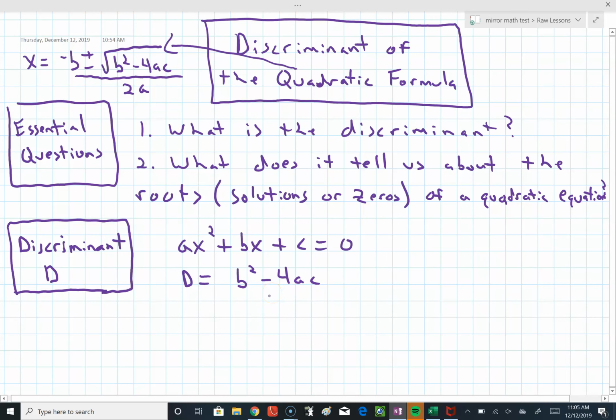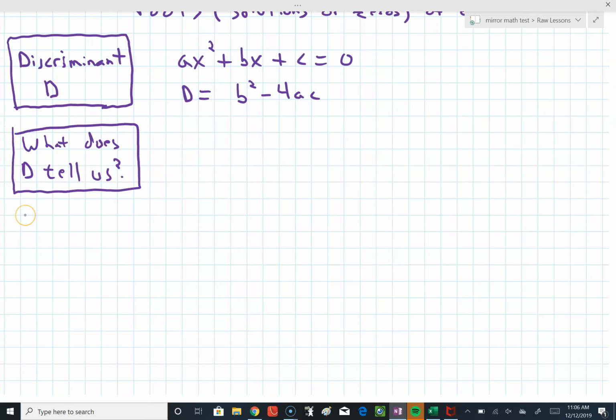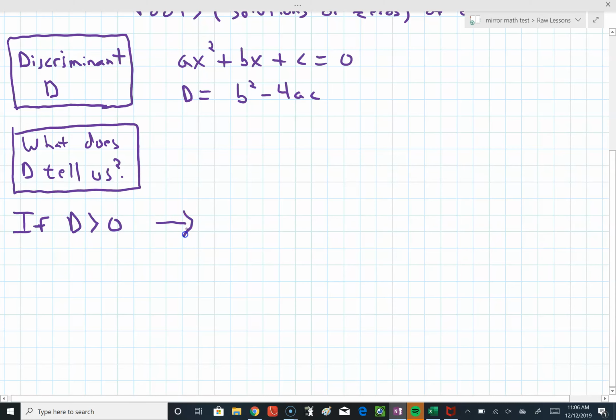So what does it tell us? What does D tell us? If D is greater than 0, then we are going to have two real solutions.